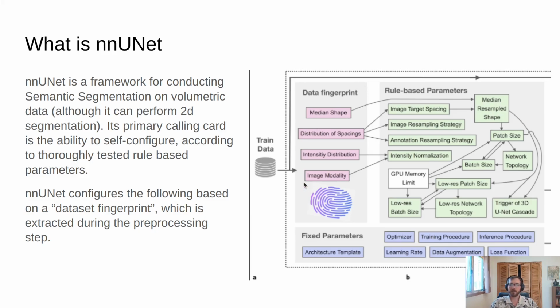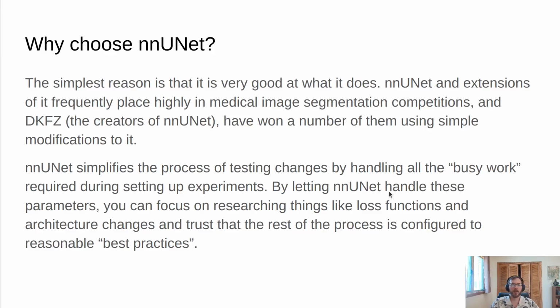To determine that, it goes through your data and extracts what they call a data set fingerprint, which you can see here. And then there's some stuff that isn't configured by the auto configuration, and that's still relatively configurable within the nnUNet scripts.